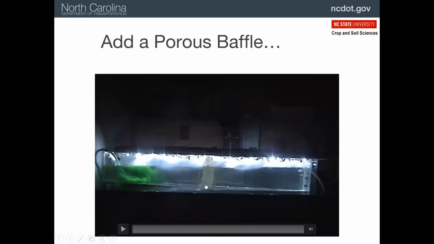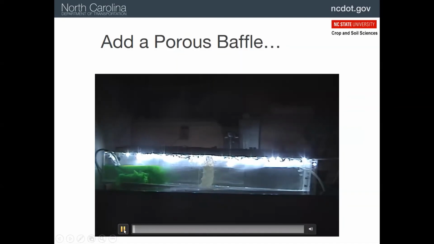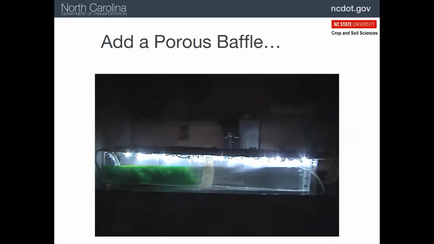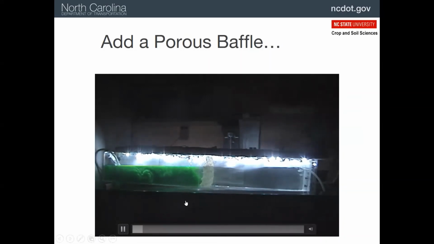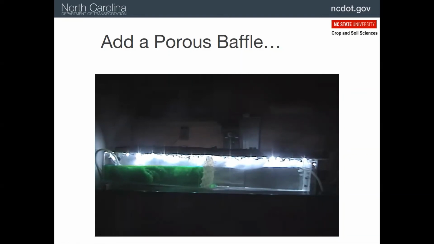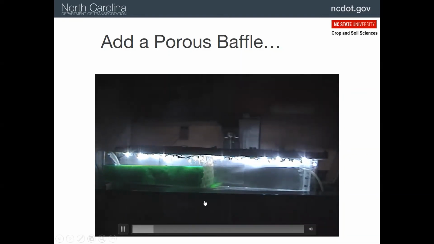So now we put in a baffle, just one, and we'll see what happens. We're going to start out with all that turbulence, just as we had before. But what happens when that muddy water reaches the baffle? Oh, that's good. Oh my, that's really good.